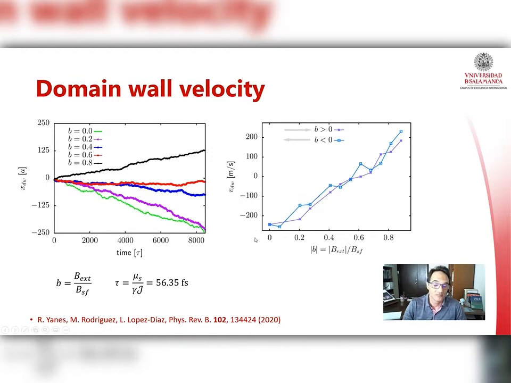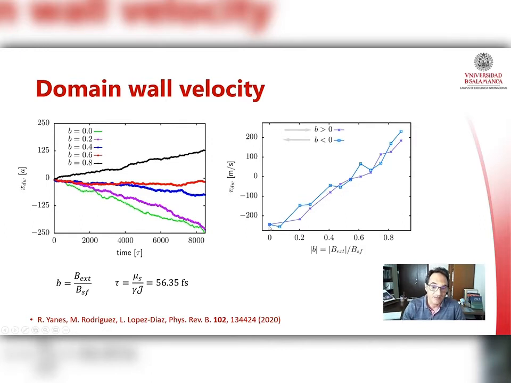And if I remember correctly, this is for 5 realizations, and this is the average velocity as a function of the applied field for both positive and negative applied field. And as you can see, we obtain basically the same behavior in both cases.